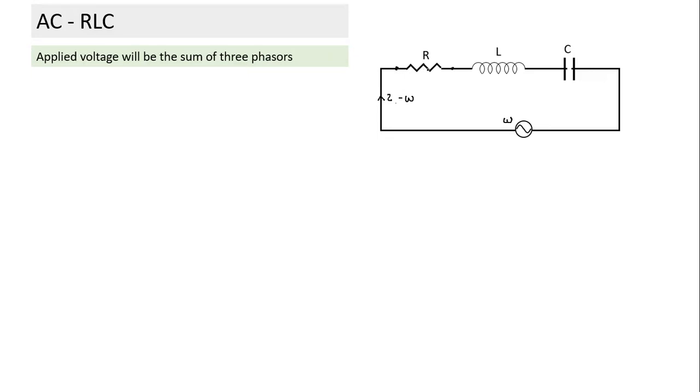So compared to current, if you look at VR, VR will be in the same phase as current. Suppose we had a device which can tell you the instantaneous value of voltage across the resistor. If you have a plot, it will come as a sine function. It will vary in the same phase as current.